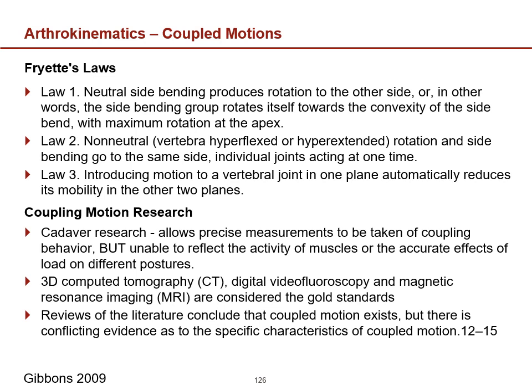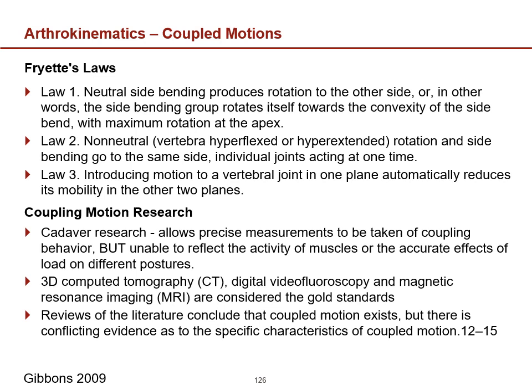So coupling motion research in general, some conclusions that can be made. The majority of them are cadaver research. Allows for precise measurements to be taken of coupling behaviors, but unable to reflect the activity of muscles or the accurate effects of the loading on different postures.